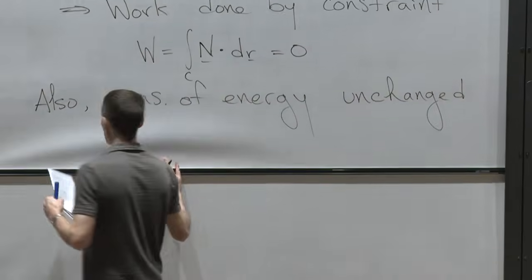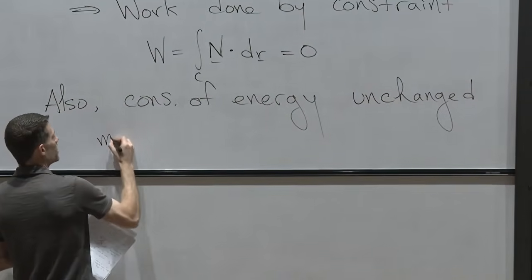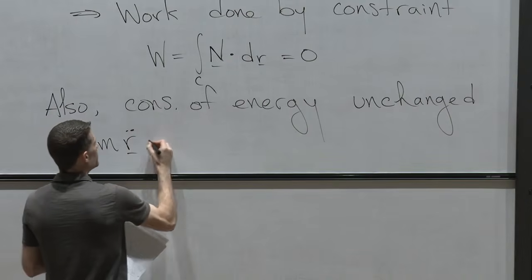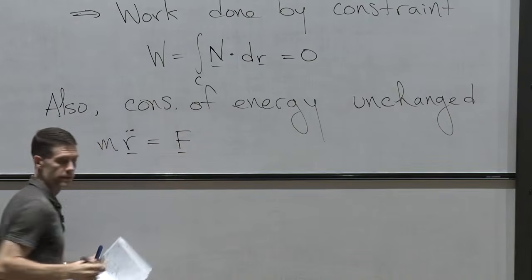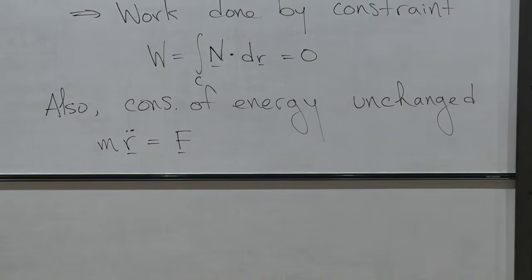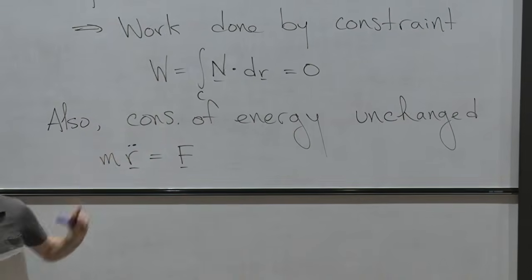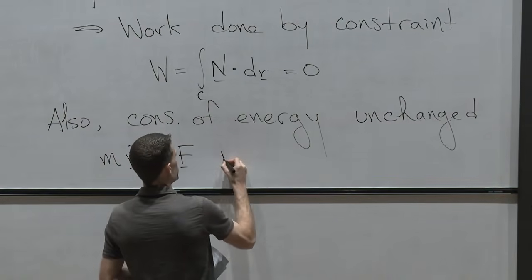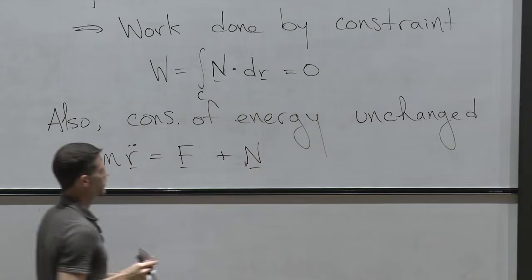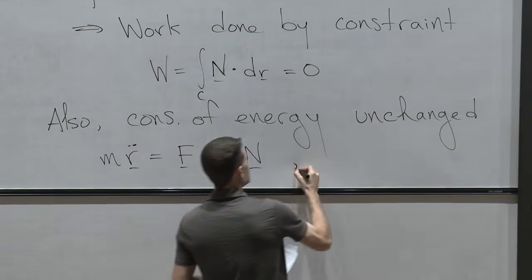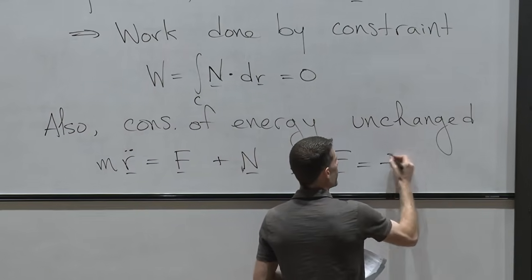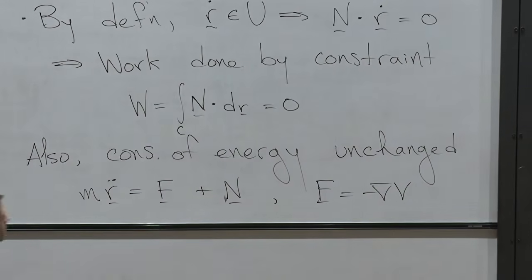And we can see that if I write down Newton's second law, m r dot dot is F. I'm going to break down forces into whatever force is separate from the constraint force. And let's suppose I'm going to assume that's a conservative force, F is minus grad V, plus my normal reaction N. And remember, how do I get from that equation to conservation of energy?